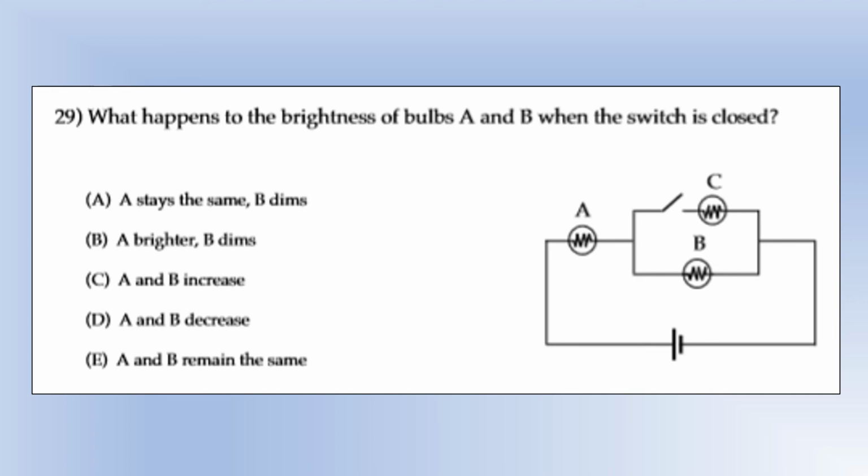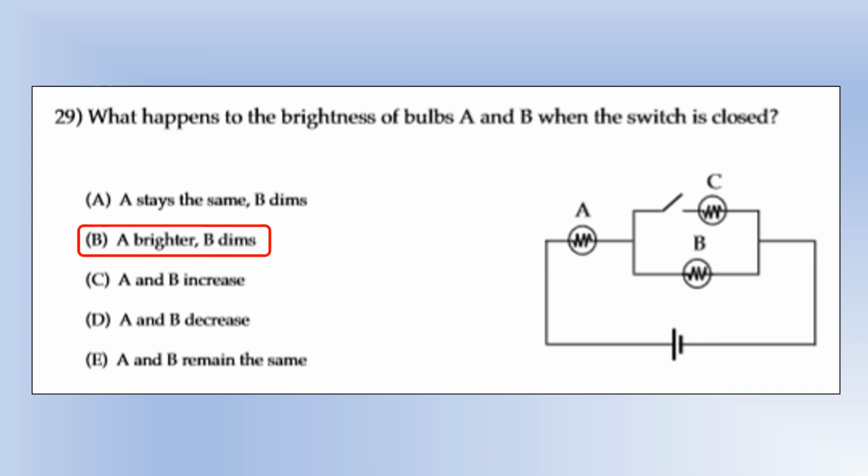And final question, what happens to the brightness of bulbs A and B when the switch is closed? So take a look at your options, then we'll see what we get. Okay, so the correct answer is A gets brighter and B dims. So adding a component in parallel with B will decrease the overall circuit resistance.